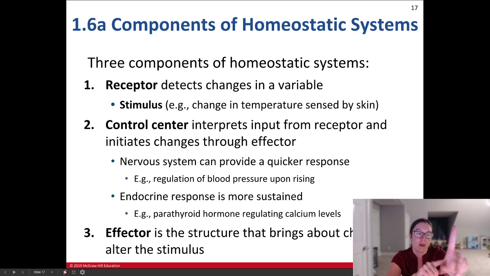It's going to send its information up a nerve through the nervous system to the brain. In the brain, we have an area called the hypothalamus that's important for regulating body temperature. The hypothalamus is going to say, oh, it's really cold outside, our body temperature is getting low, we should increase the body temperature. Then it's going to send more nerves down to your effectors, in this case maybe the skeletal muscles, and it's going to cause you to shiver, right?